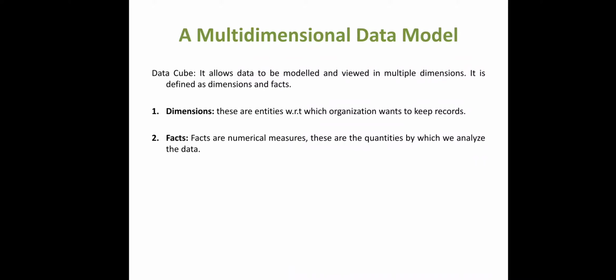So we will start with the introduction of the multidimensional data model. We have seen before what the data cube and the aggregation of a data cube are. In that data cube we can model our data and view it in multiple dimensions, which are defined as the dimensions and the facts.